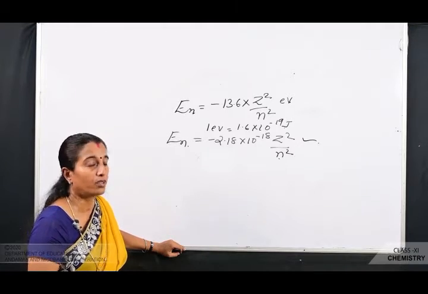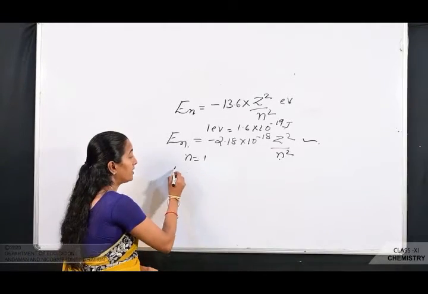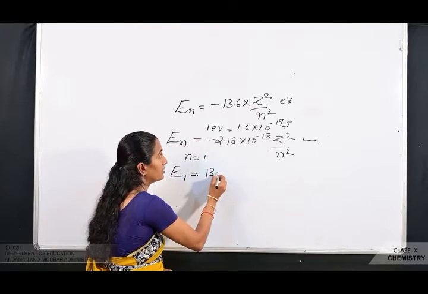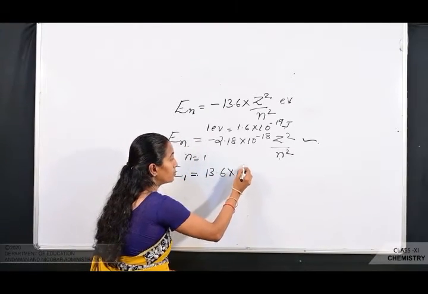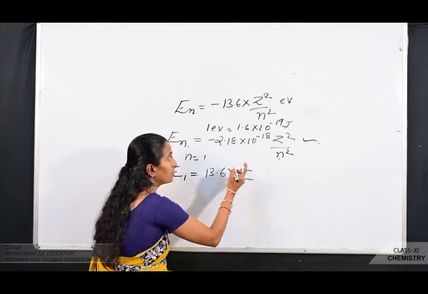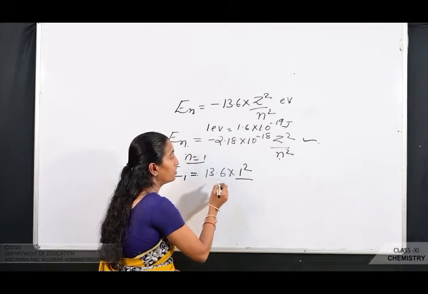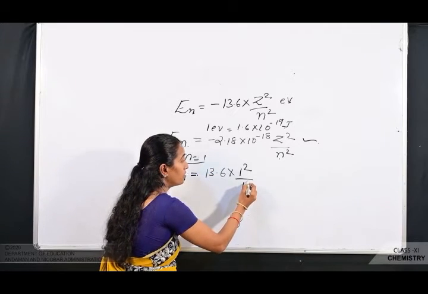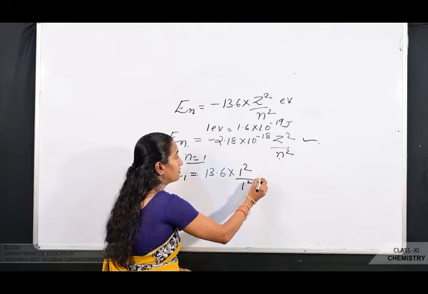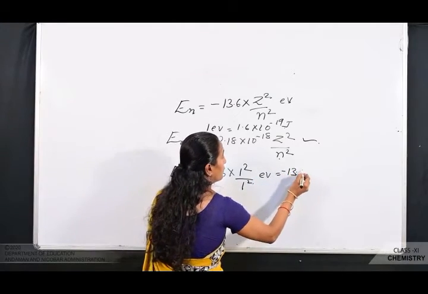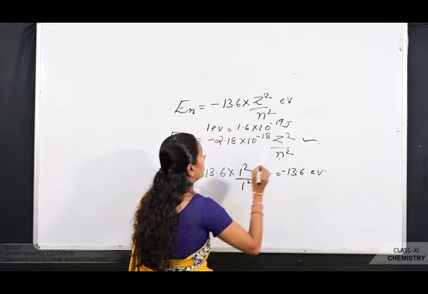If we see the value of E1 in electron volt, it is minus 13.6 into 1 square, because for hydrogen the atomic number Z is 1, and n equals 1, so 1 square. The answer is minus 13.6 electron volt.